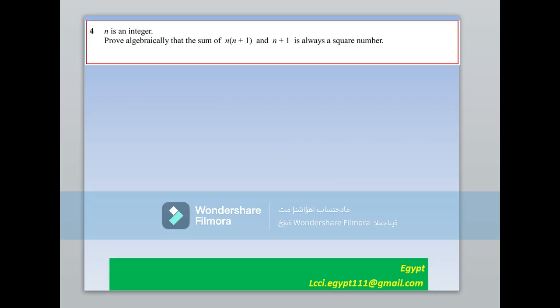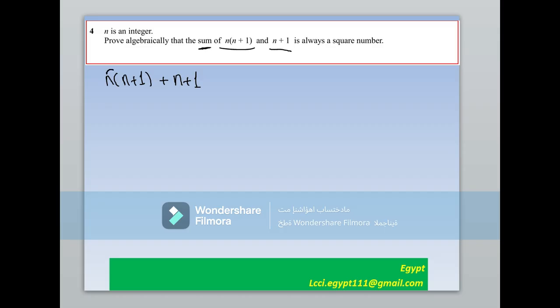n is an integer. Prove algebraically that the sum of the expression n times (n plus 1) and n plus 1 is always a square number. Let's start with the expressions that we will sum. Rewrite please. n times (n plus 1) plus n plus 1. Please decompose.